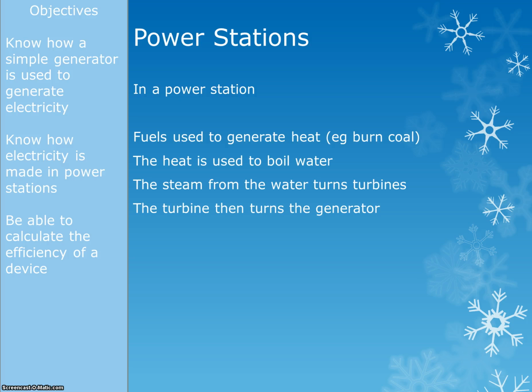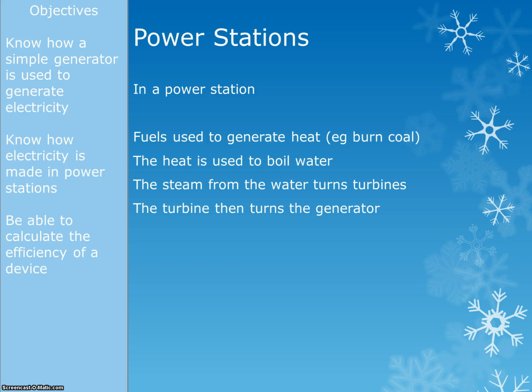So in a power station, if it is a fuel burning power station, so for instance coal, oil or gas, or biomass, if we're burning the biomass, so biomass is just sort of waste organic matter. We burn the fuel to make heat. We use that heat to boil water.